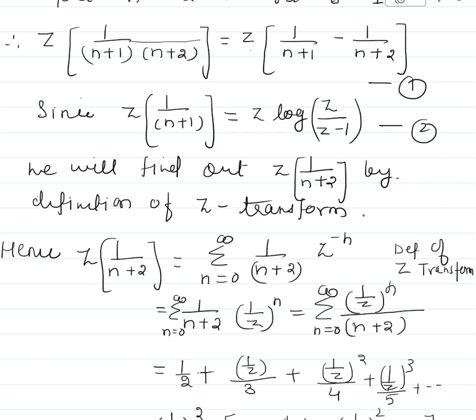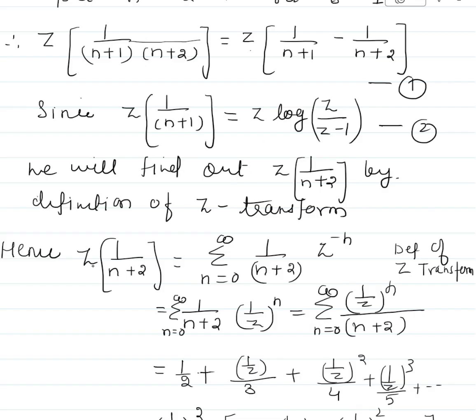If you are not able to write the direct Z transform, you can just use the Z transform definition and find the result for the particular value. So that is what I am doing here.